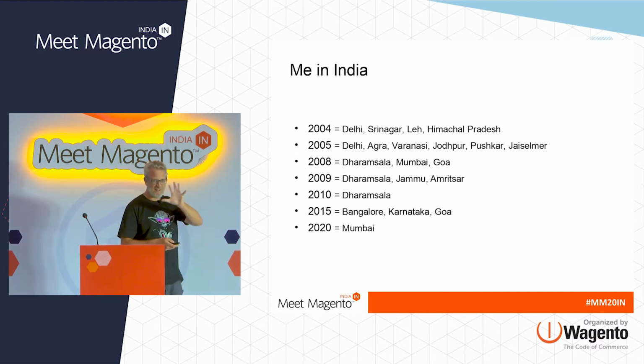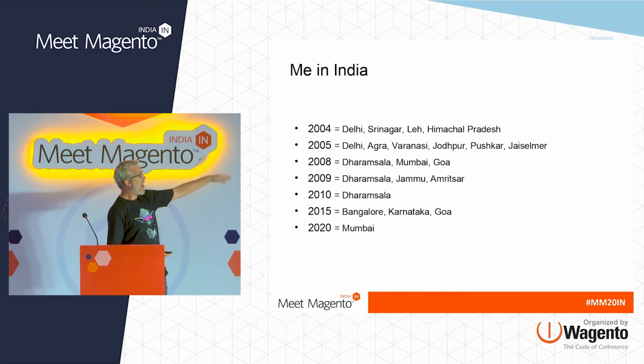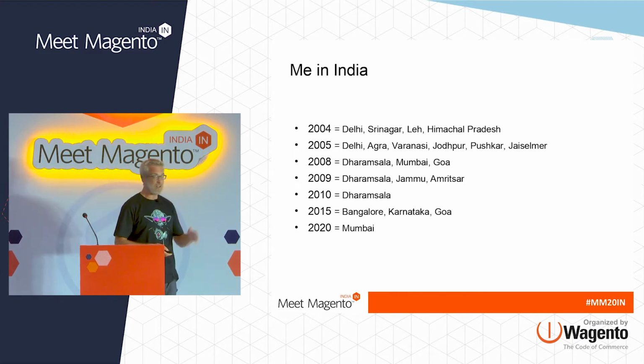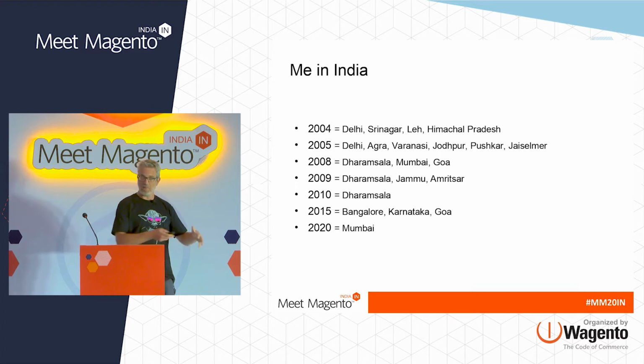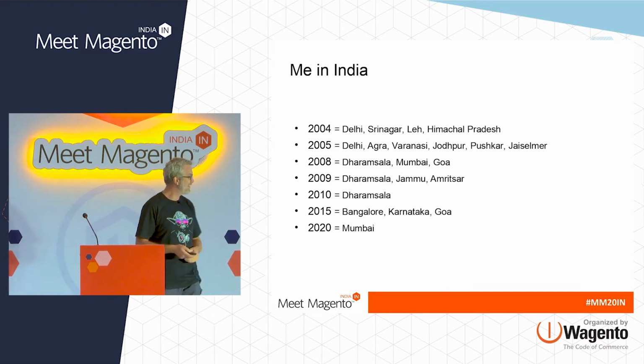Well, you know the story behind it. Afterwards, I did a couple of other touristic things. I ended up in Dharamsala, where the Tibetan government in exile is. I helped them out with PHP courses, JavaScript courses. It was a lot of fun to train Tibetan monks even in programming.